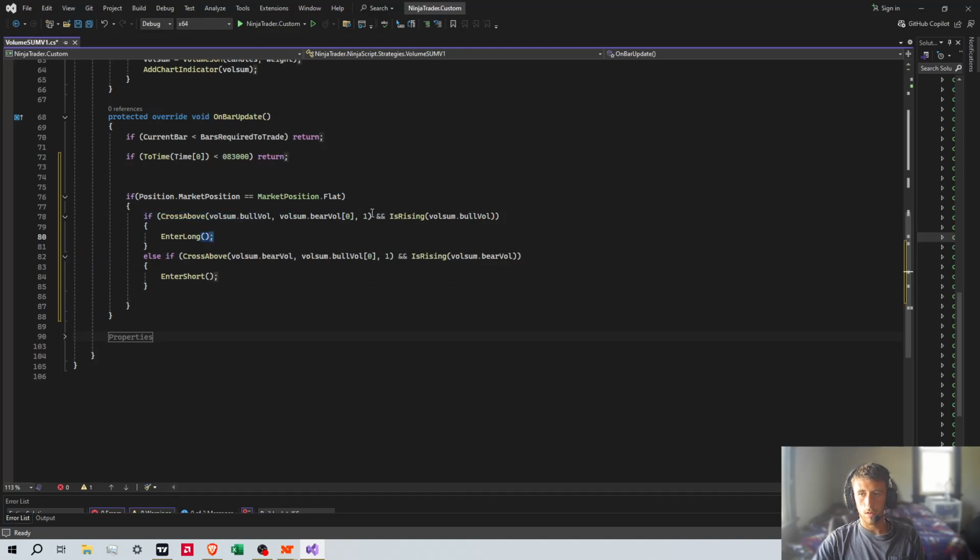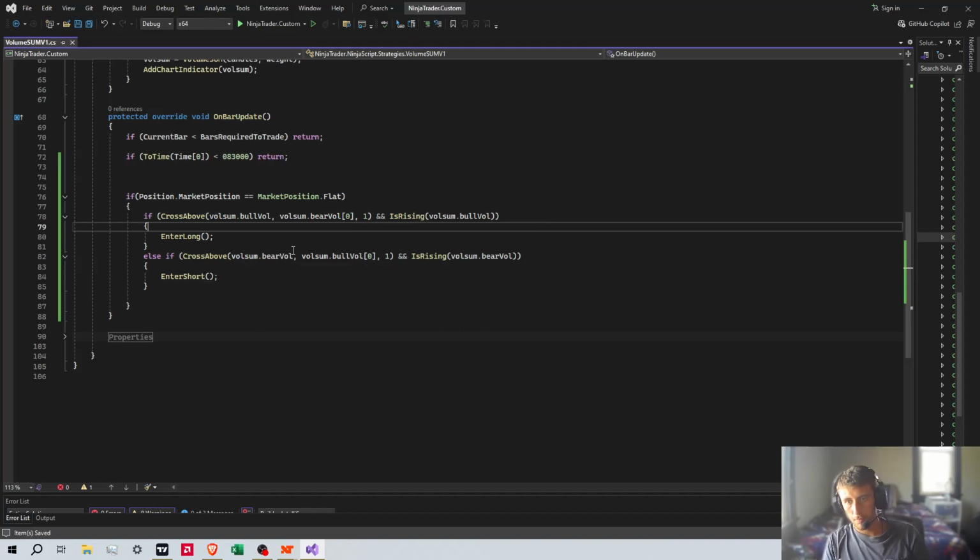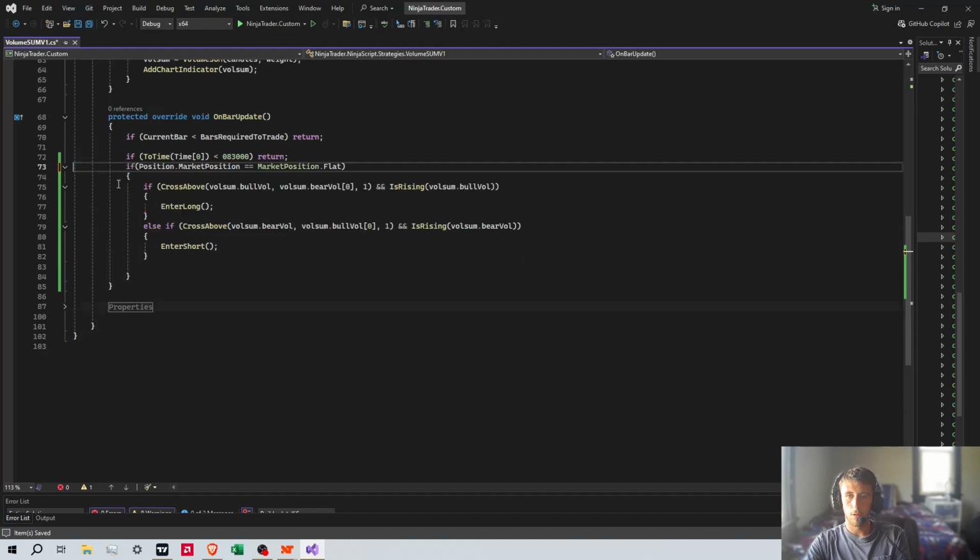Cross above, we enter long, and if it's rising, yeah, we enter shorts. So this is just our original position.